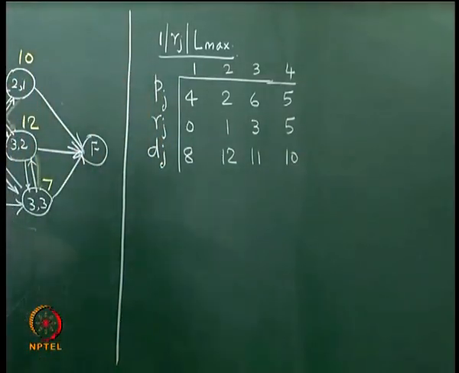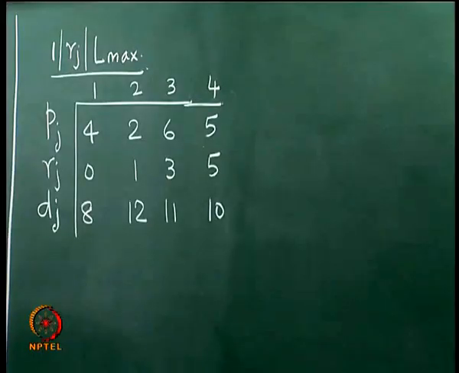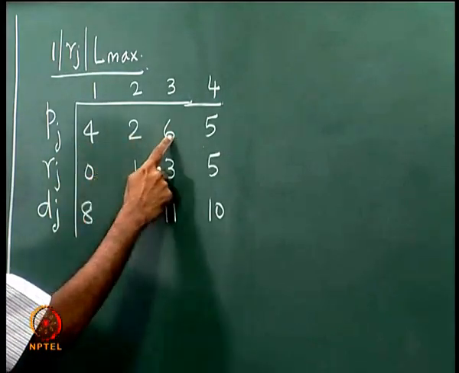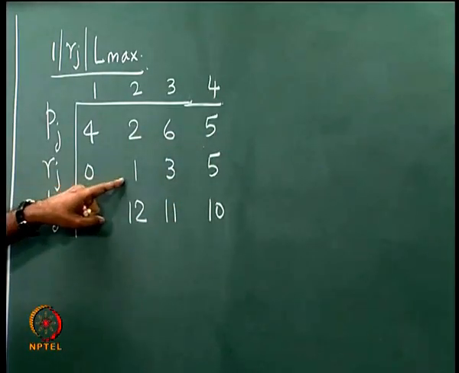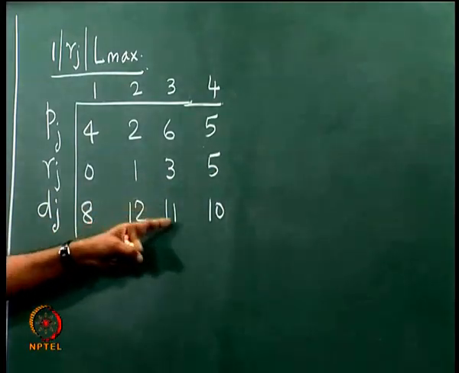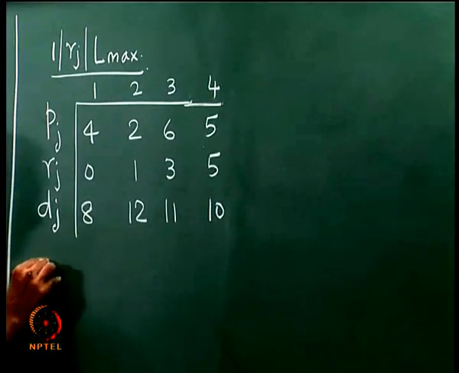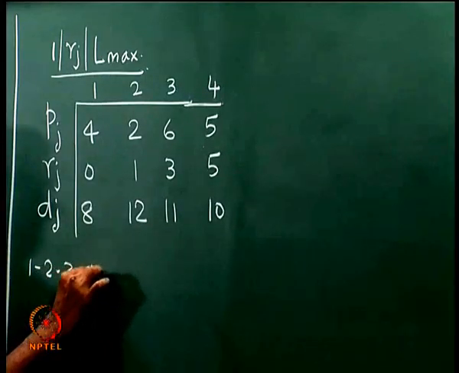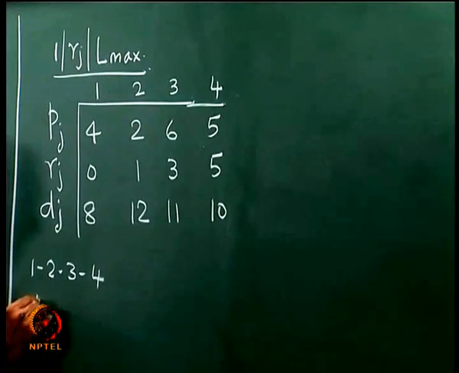So, let us look at a problem like this, where there are 4 jobs on a single machine. The processing times are 4, 2, 6 and 5. The release times are 0, 1, 3 and 5, and the due dates are 8, 12, 11 and 10. So, if we consider a sequence 1, 2, 3, 4, then the completion times are 4.